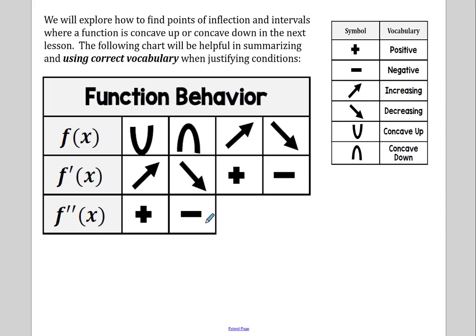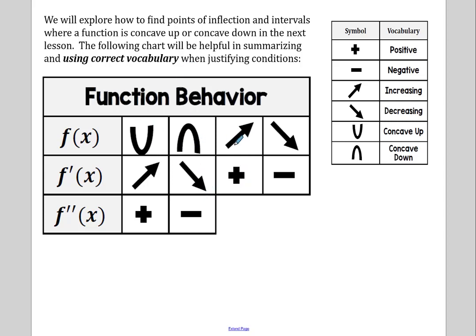Now, this is my favorite little cheat sheet or mnemonic, if you want to call it. We'll explore how to find points of inflection and intervals where a function is concave up or concave down in the next lesson. But this chart is going to be helpful for summarizing how to use the right vocabulary or recognize what you're doing as you're finding behavior on functions and how you can use it to justify.